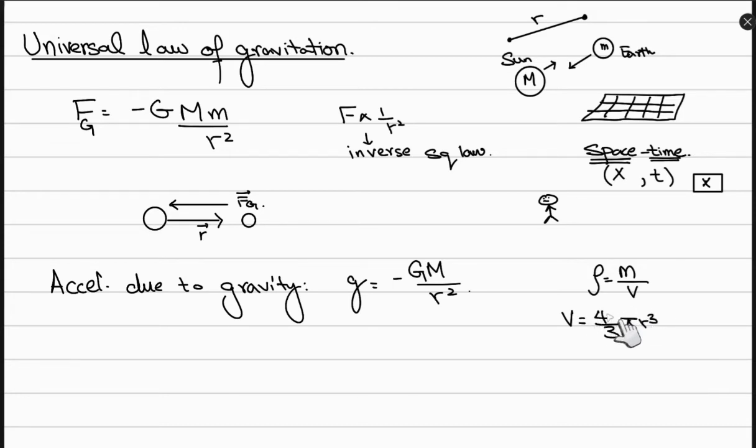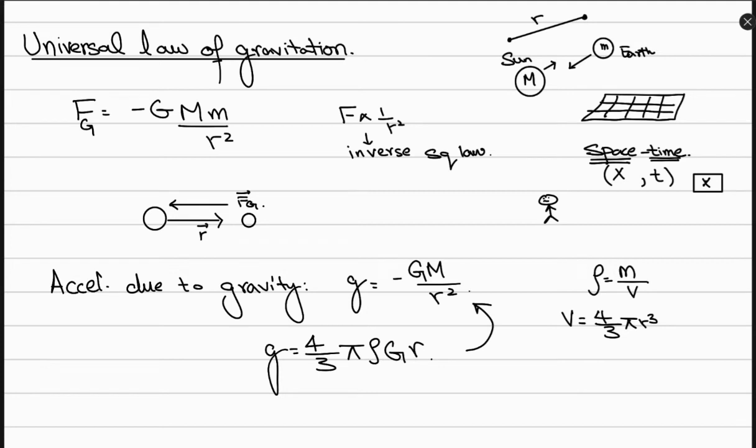So this means that I can write down my acceleration of gravity as this expression over here, 4 by 3 pi rho G times r. So if I were to put the value of this density with this volume in this expression, it would essentially reduce to this expression over here. So we have this one, acceleration due to gravity, in terms of the density of the mass or this object.